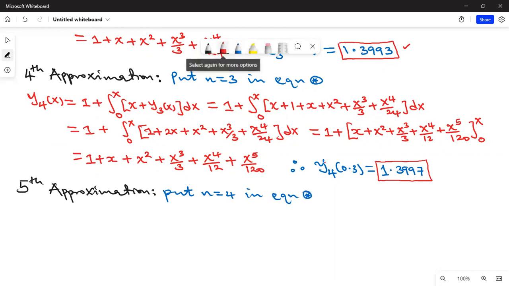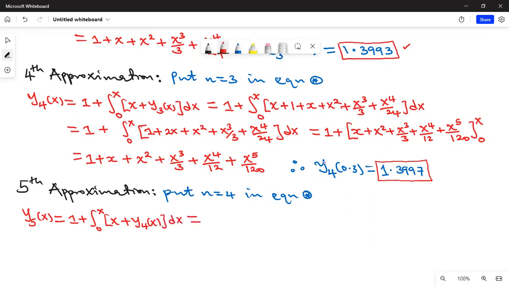So with n is equals to 4, we are going to get y5 as a function of x is equals to 1 plus the integral from 0 to x of x plus y4 as a function of x dx.